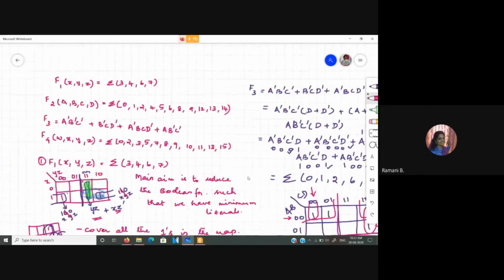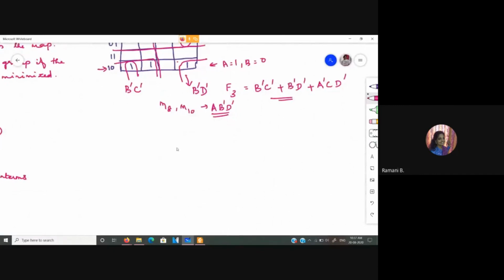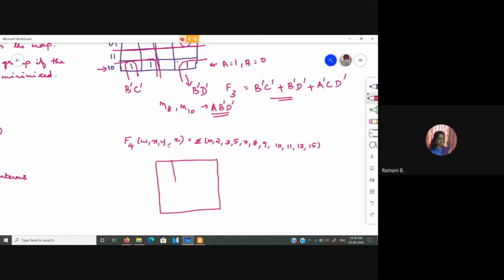And the last example. So we are having F4 as F4 of W, X, Y, and Z. So with this K-map, W X Y and Z 0 0 0 1 1 1 1 0 0 0 0 1 1 1 1 0.